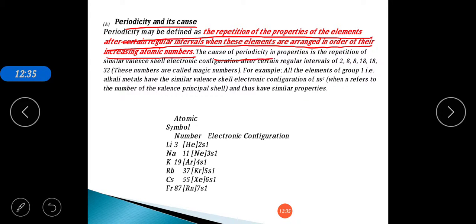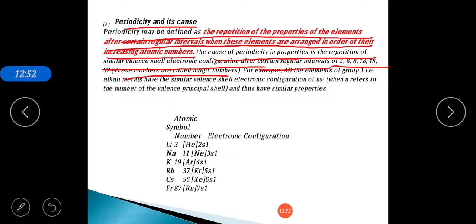The cause of periodicity in the properties is the repetition of similar valence shell electronic configuration after certain regular intervals of 2, 8, 8, 18, 18, 32. These are called the magic numbers.